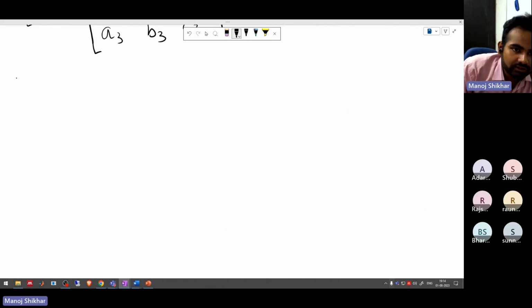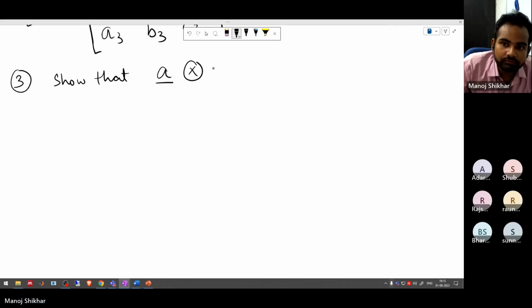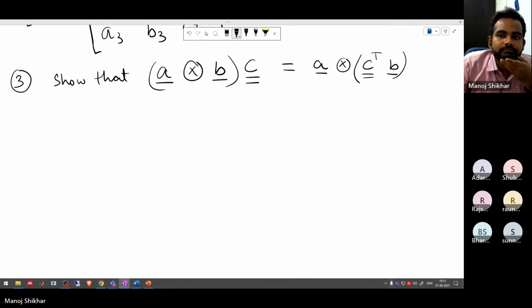Now I will move on to question number 3. Show that A dyadic B into C equals A into B dot C, we have to show it here. I can show you using both index notation and matrix notation. Which one do you want?